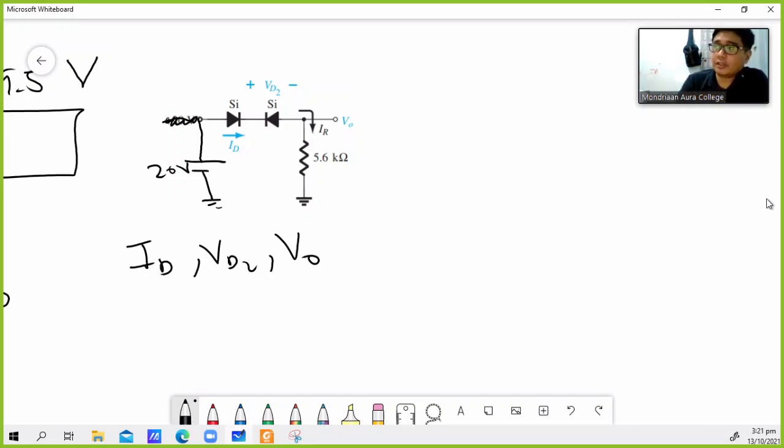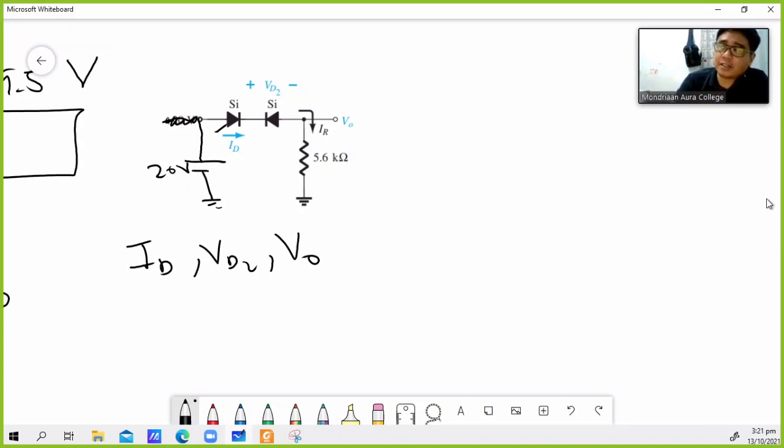Unahin natin yung diode na nasa kaliwa. Ito. Okay? So yung diode na nasa kaliwa, matik makikita natin, forward bias siya eh. Kasi positive yung anode, negative yung cathode, at yung 20 volts greater than or equal to 0.7. So alam natin na forward bias siya. But yung diode on the right, no, it is reverse bias.